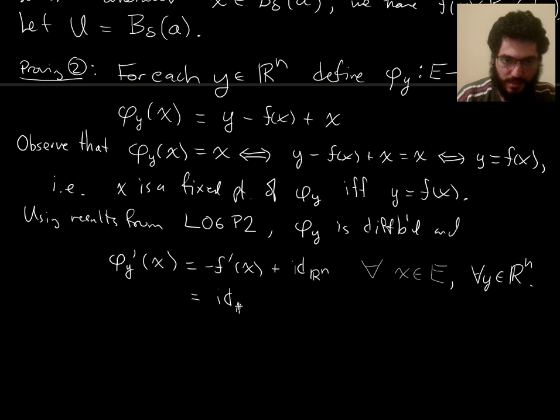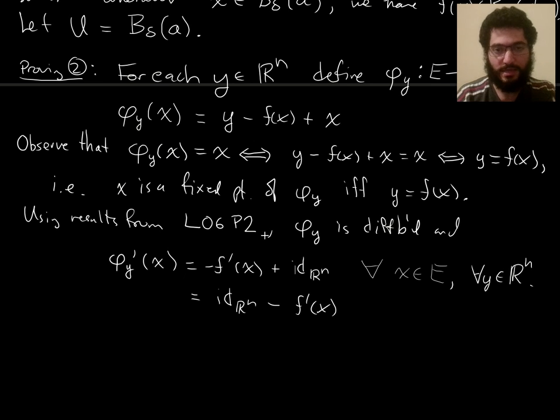Let me write it as identity Rn minus f prime x. The derivative of phi sub y at x looks like it's the distance between the derivative of f at x and the identity, which is exactly what I controlled inside the set U.